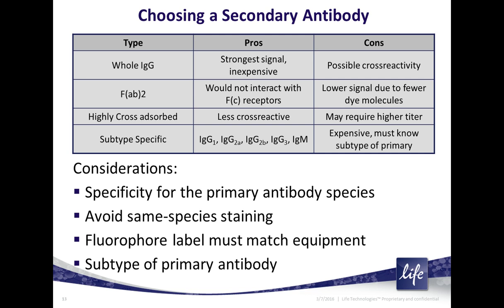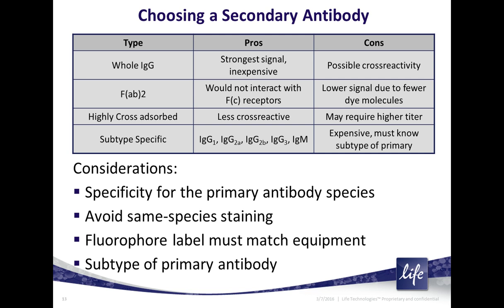If you're doing multiple antibodies on the same sample, you want to make sure that they're of different species. So your primary antibodies, you usually want different species, like one mouse and one rabbit, so that they don't cross-label. And you want them to be highly cross-absorbed. That is, they're cross-absorbed against the other species.